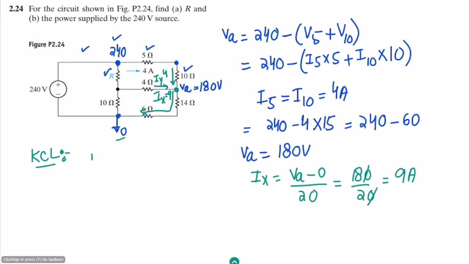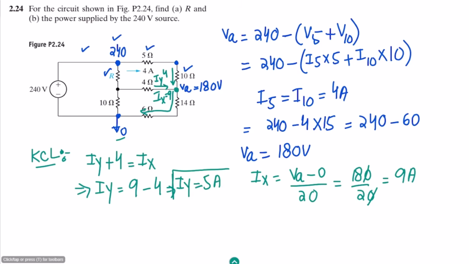So according to KCL, IY plus 4 amperes is equal to IX. Or the value of IY is equal to IX, which is 9 minus 4, so this IY is 5 amperes. This is the current which we know now.